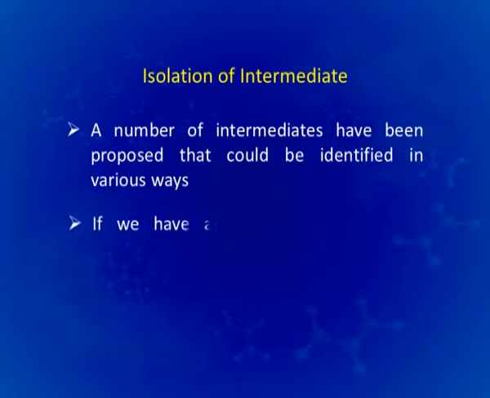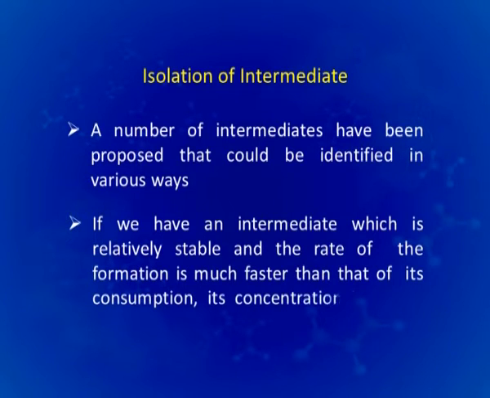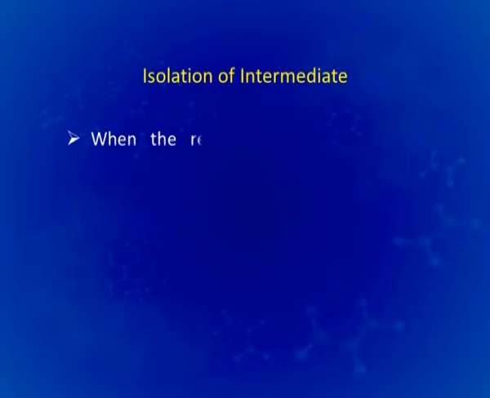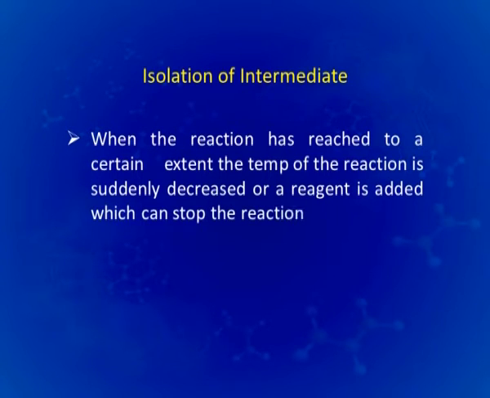So, if we have an intermediate which is relatively stable and the rate of its formation is much faster than that of its consumption, its concentration increases after some time. And when the reaction has reached a certain extent, the temperature of the reaction is suddenly decreased, or a reagent is added which can stop the reaction.